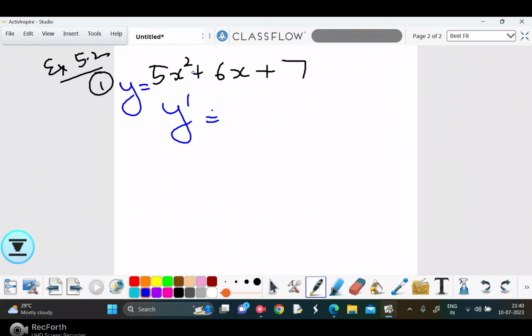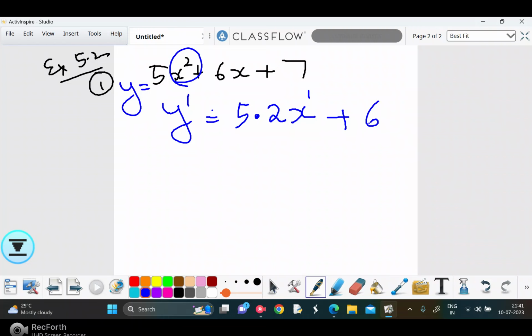This is your power rule. Whenever a constant is attached to x, you cannot write 0 here. I told you before that the differentiation of a constant is 0, but here the constant is attached to a function, or to x. Therefore you cannot write 0; you have to just multiply. So 5 into this: x to the power n differentiation is n x to the power n minus 1, decrease the power.